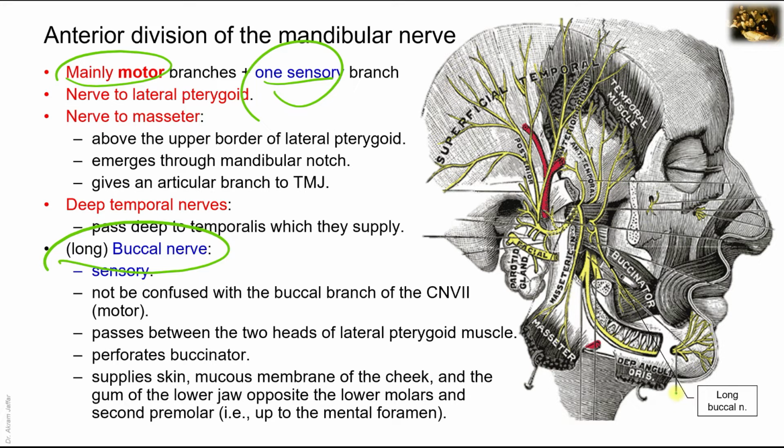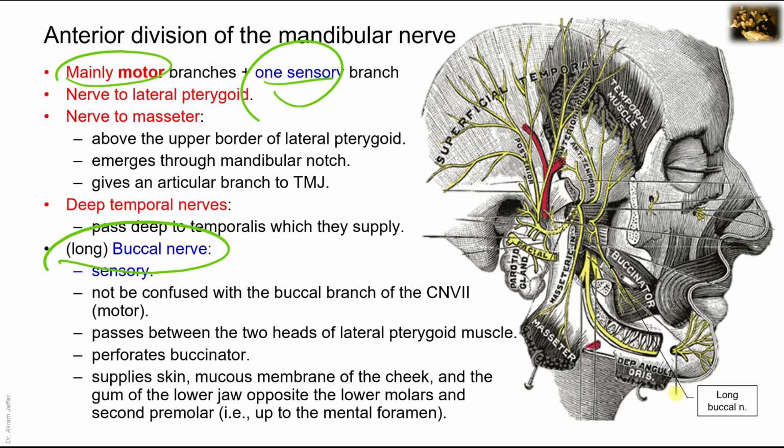Now the branches from the long buccal nerve pass through the buccinator muscle to supply the mucous membrane of the cheek and the gum of the lower jaw, opposite the lower molars and the second premolar, down to the level of the mental foramen. So this nerve not only supplies the skin of the cheek, but also the lining mucous membrane and the part of the gum of the lower jaw.